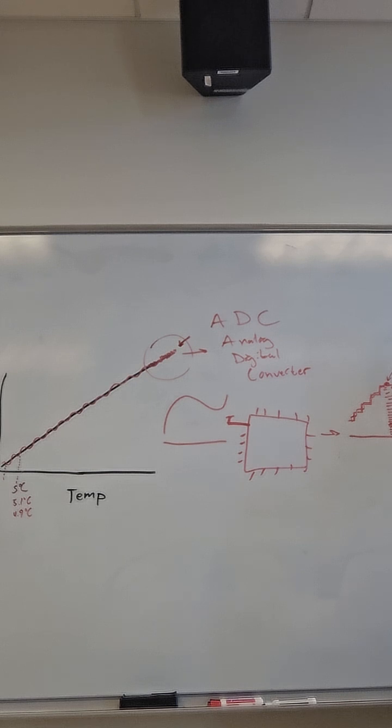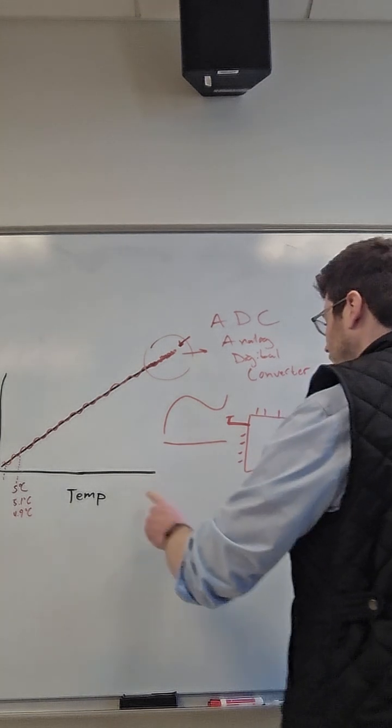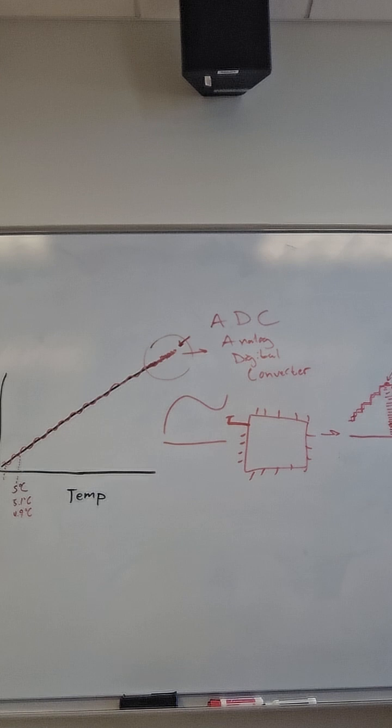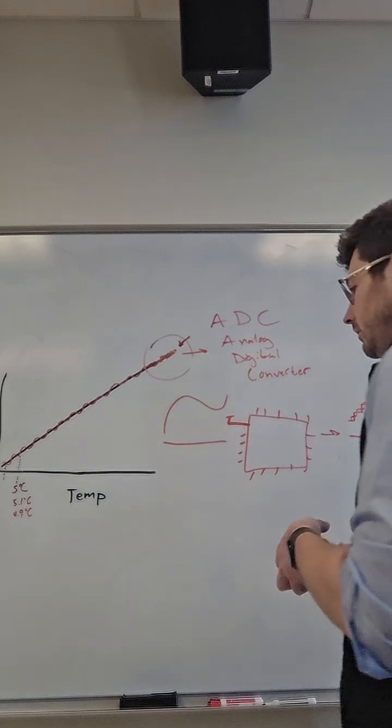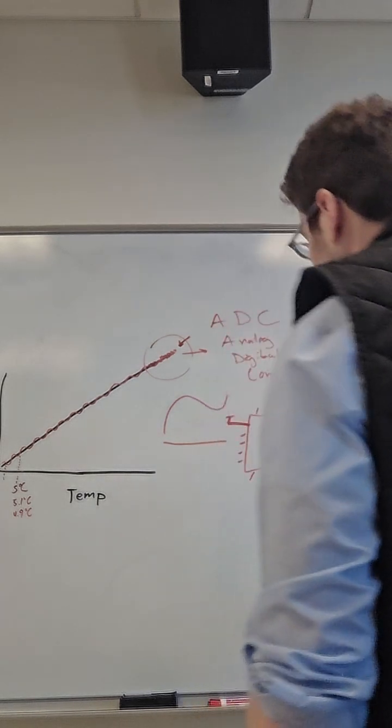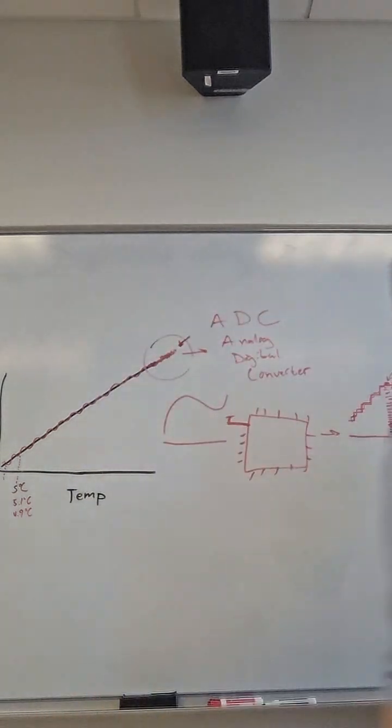Well, it's not useless, right? It's still qualitative. We can see this digital number going up and down, but it doesn't really mean anything to us. We know that this is 0 to 100, and we can look up from our temperature sensor, for example, or even experimentally determine it: we put it in a freezer that we know is at 0 degrees C, and we see what number that is, and then we put it in a pot of boiling water, 100 degrees C. What does that come up to?